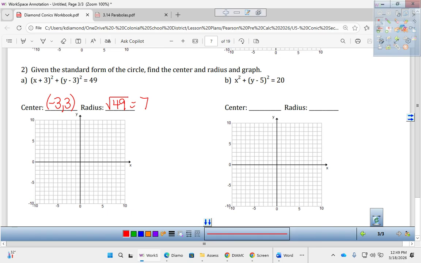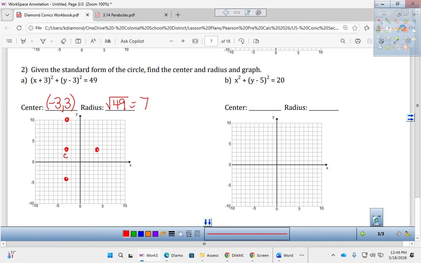So here's what that means for my graph. I'm going to make a point at -3, +3, and that's my center. To make a radius of 7, I need to go up 7, over 7, left 7, right 7. A circle is distributed evenly. So 1, 2, 3, 4, 5, 6, 7.